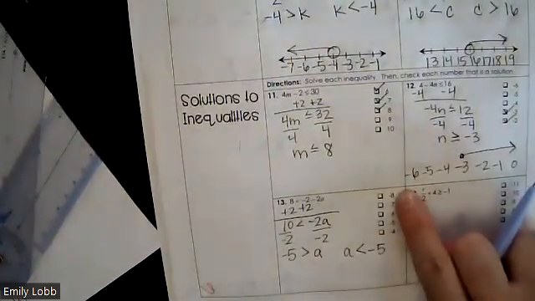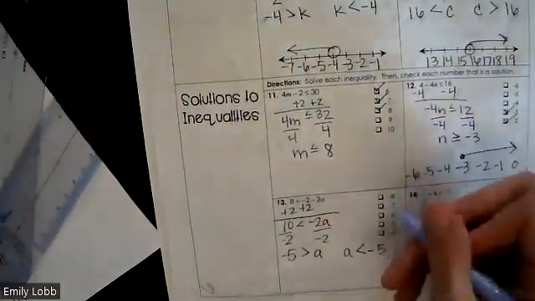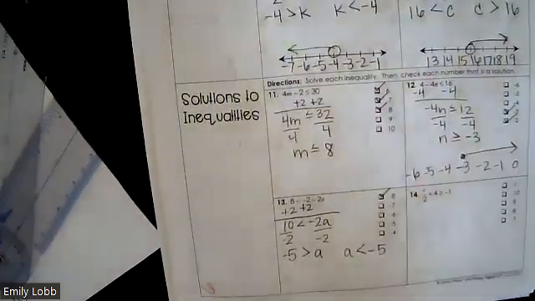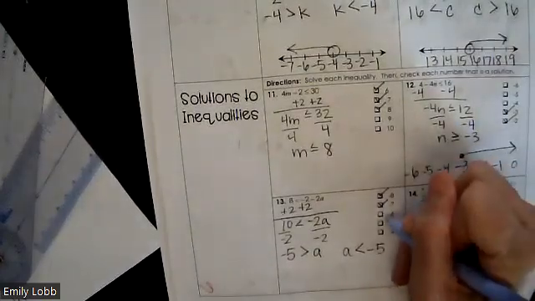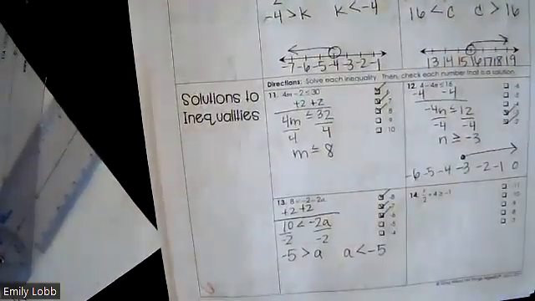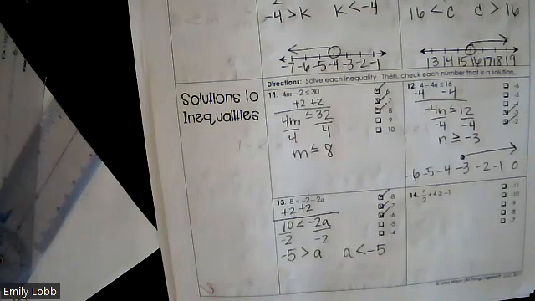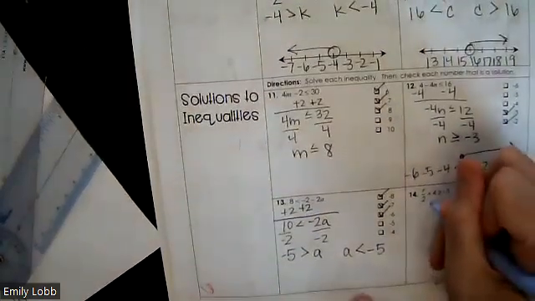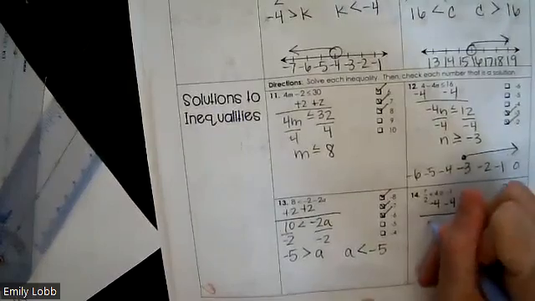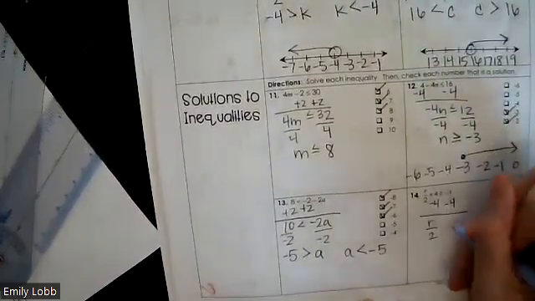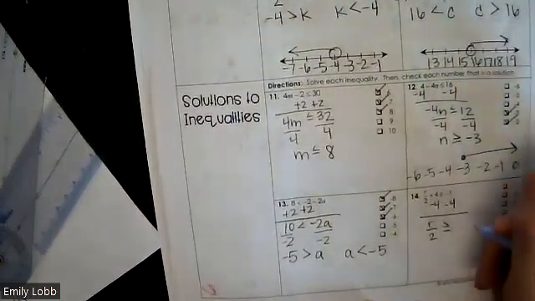Is -8 less than -5? Yes. Is -7 less than -5? Yes. -6. Is -5 less than -5? No. Is -4 less than -5? No. All right. Last one here. So if I subtract 4 to get rid of that constant, I have r divided by 2 is greater than or equal to -5.